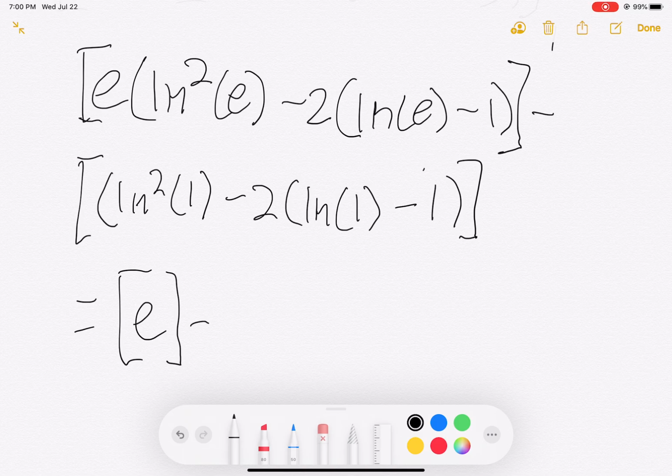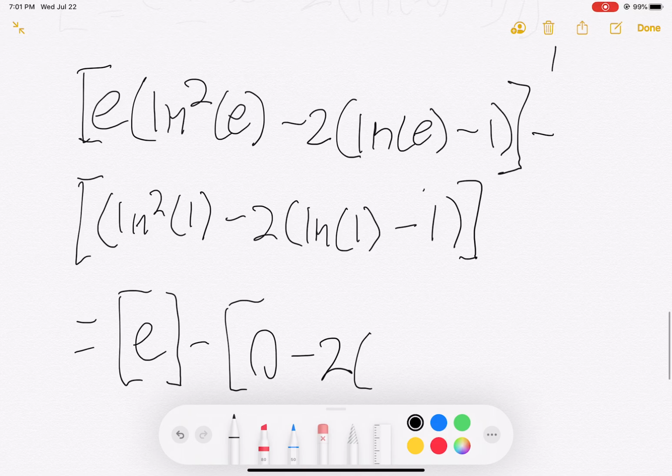Minus, let's see, so we get ln squared of 1, so ln of 1 all squared. So e to the what power equals 1? Well, just 0, right? So 0 squared is 0. And then minus 2 times ln of 1.